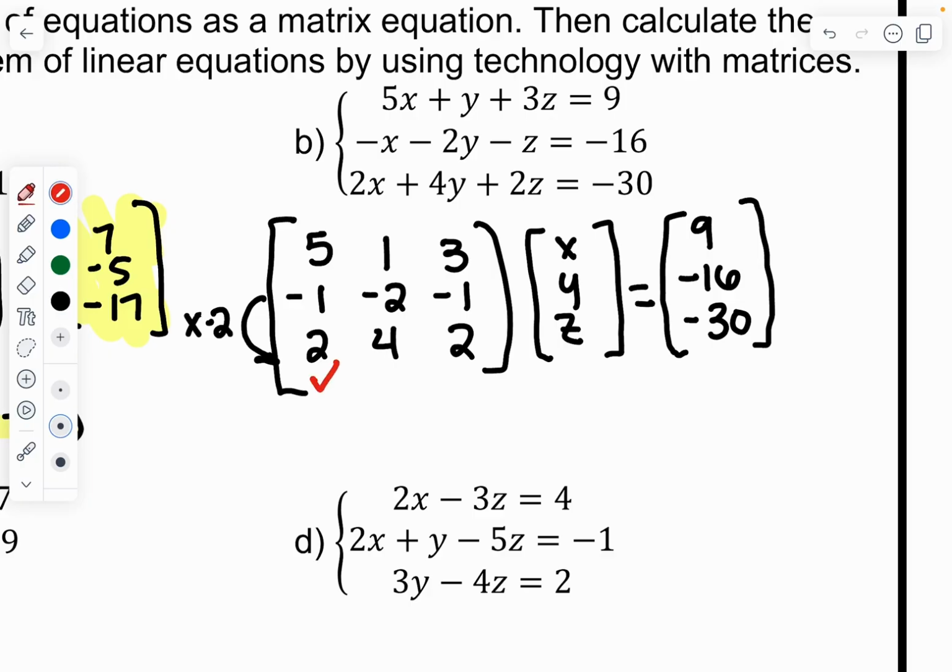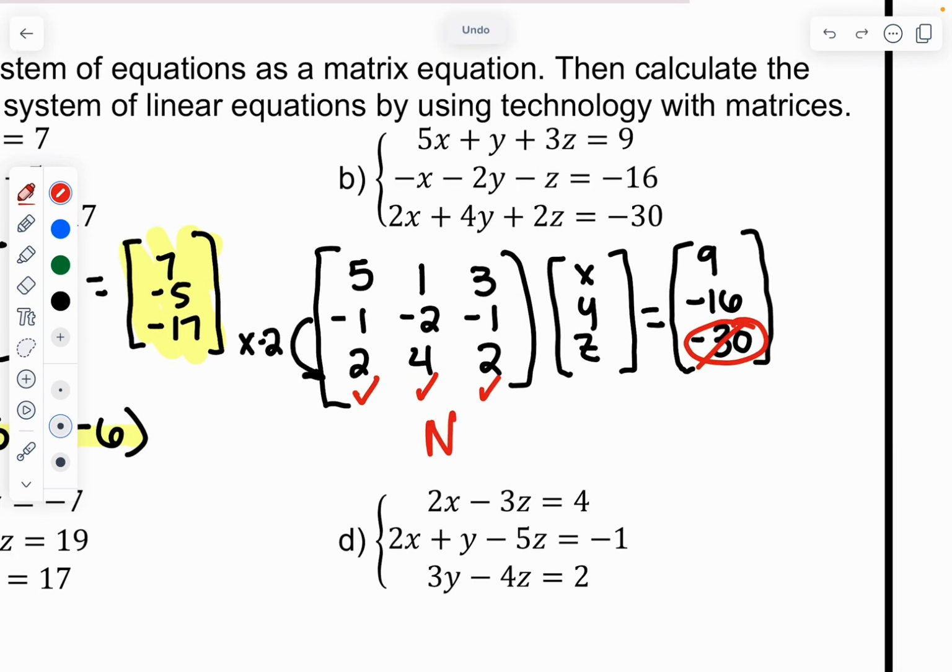That works. -2 times -2 is +4. That works. -1 times -2 is +2. That works. And here's the issue. -16 times -2 is not -30. So what that means for us is that this is a no solution.